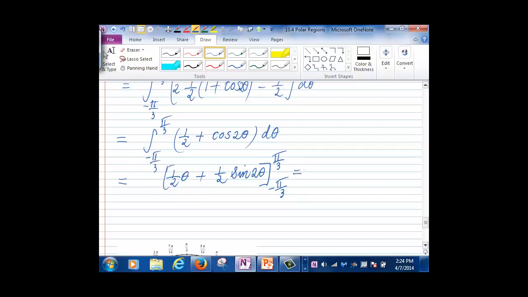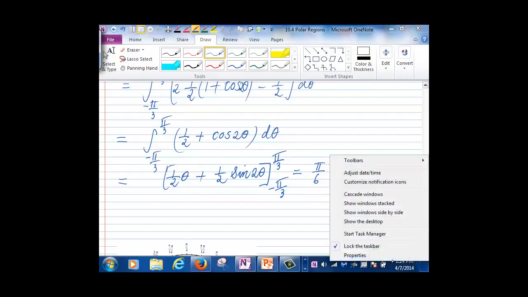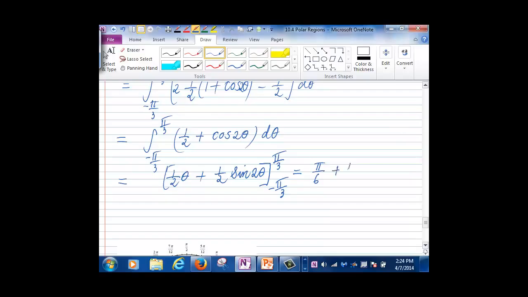And this is equal to what? If you plug in pi over 3, you get pi over 6 from half theta. And you get sine of 2 pi over 3, which is what? So I get a half times what? Radical 3 over 2.